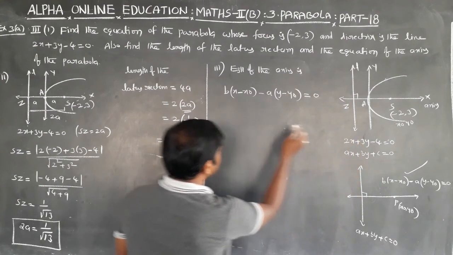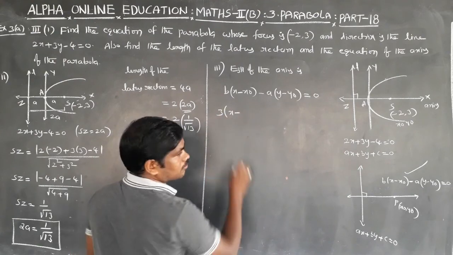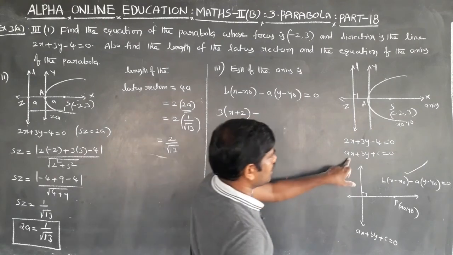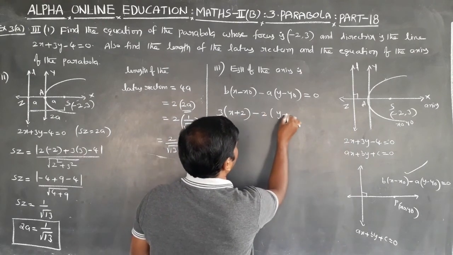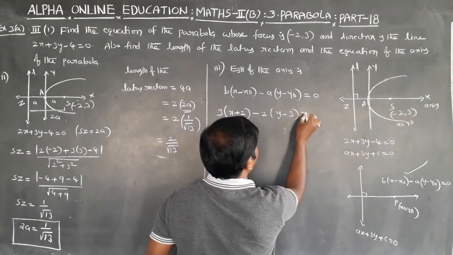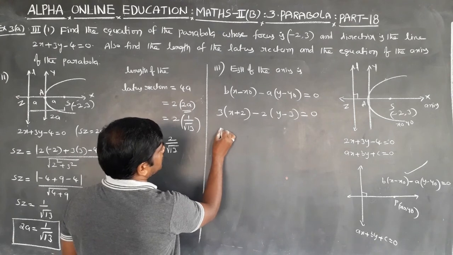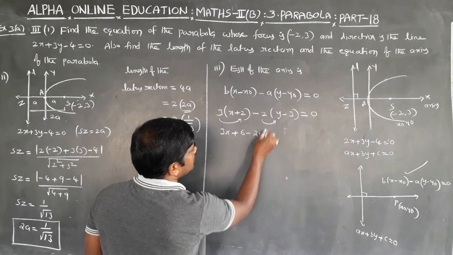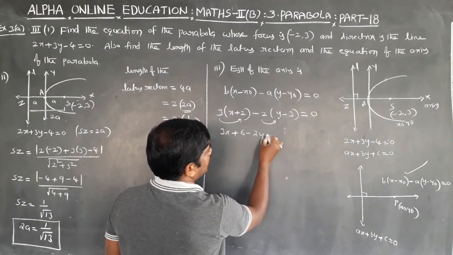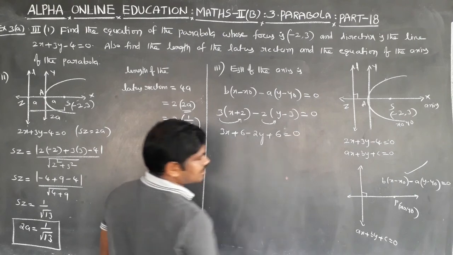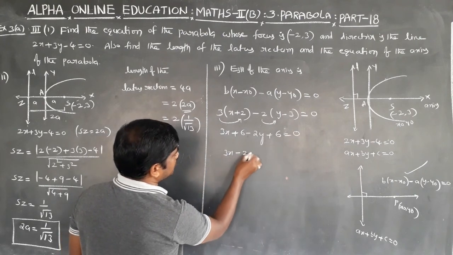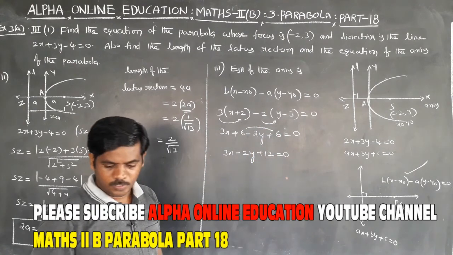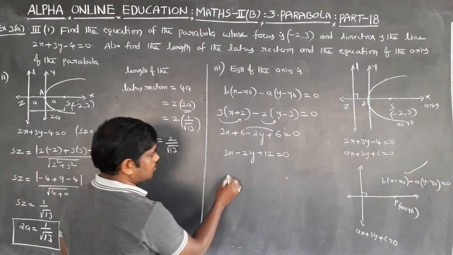Here b is equal to 3, a is equal to 2. So 3 into x plus 2, minus 2 into y minus 3 is equal to 0. 3x plus 6 minus 2y plus 6 is equal to 0. 3x minus 2y plus 12 is equal to 0.